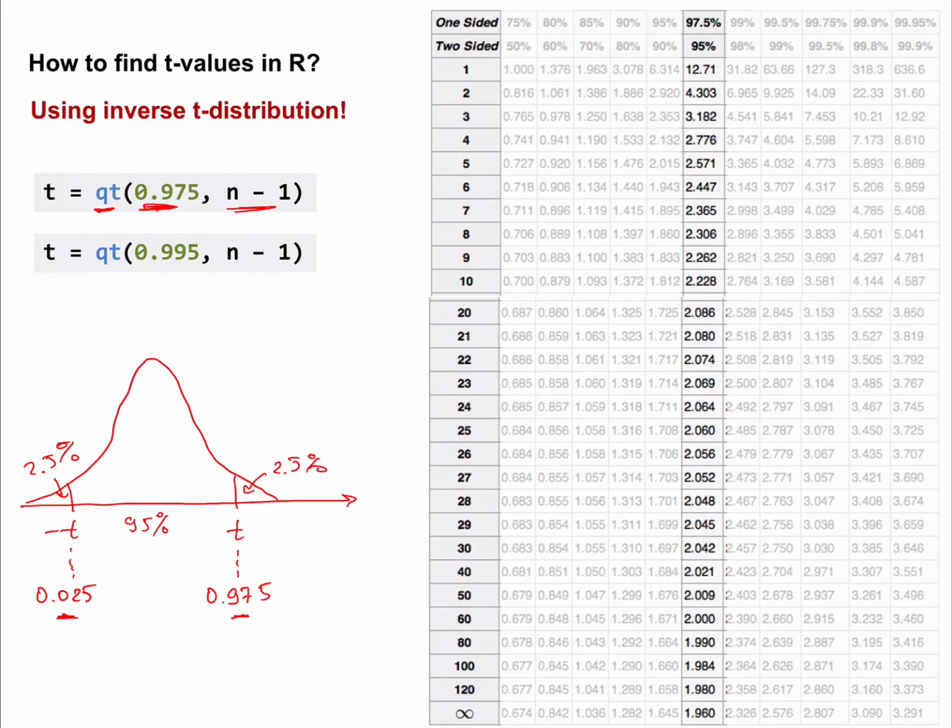Then for 99%, you remember if you have 99% in between, it means you have 0.5% here and 0.5% here. I will not draw the curve. So again, you have this t value here and minus t value here. The probability for this t value will be the probability to find a value below it, 0.995, and therefore we just use it here, and this is the degrees of freedom. So n is the sample size.